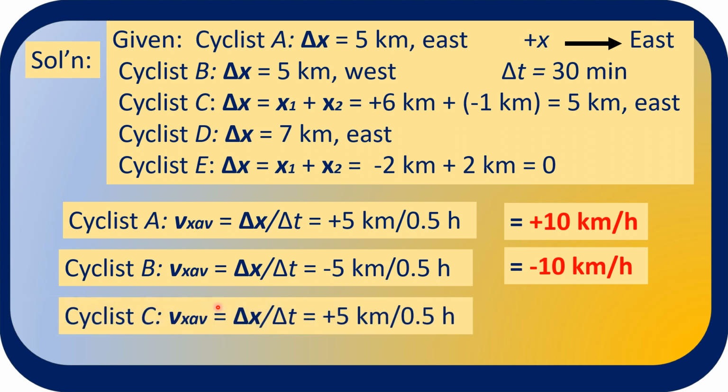For cyclist C, again using the same formula, his displacement is positive 5 kilometers, again divided by 0.5 hour. Therefore, cyclist C's average x velocity is equal to positive 10 kilometers per hour.